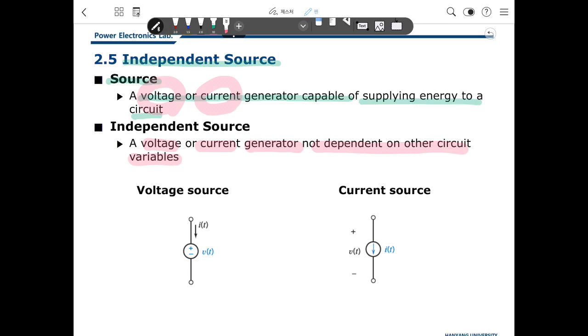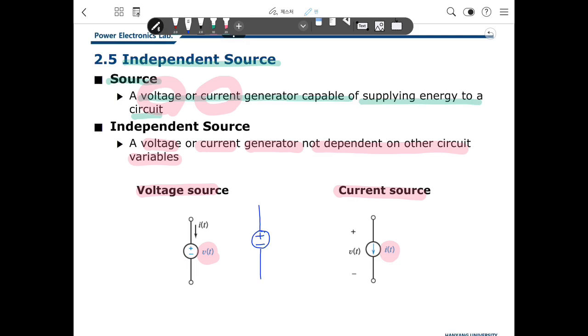So the voltage source and current source supply the voltage V or the current. The symbol of the voltage source looks like this. I can draw it again. We make one circle, then mark the polarity of the voltage this way and here.